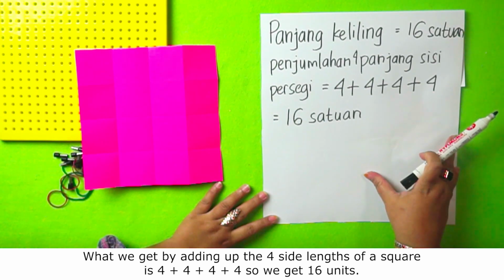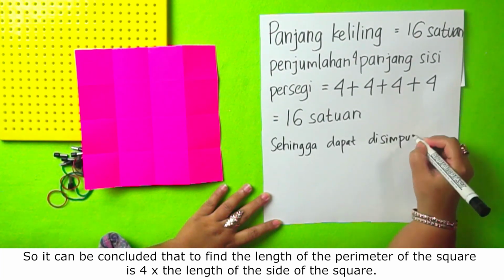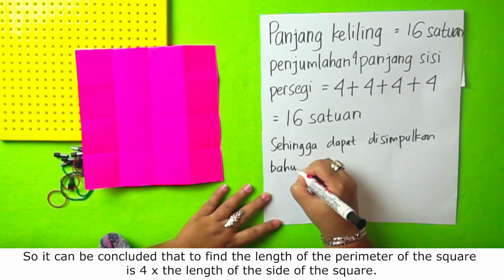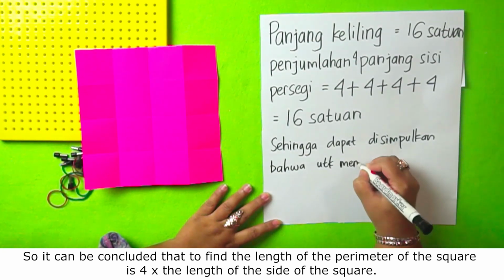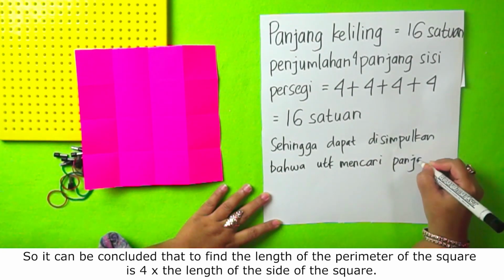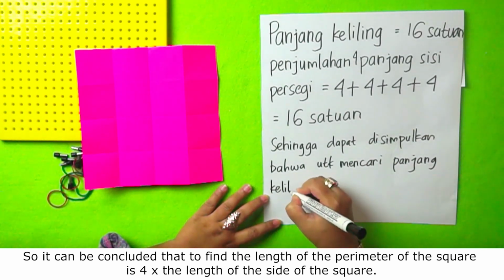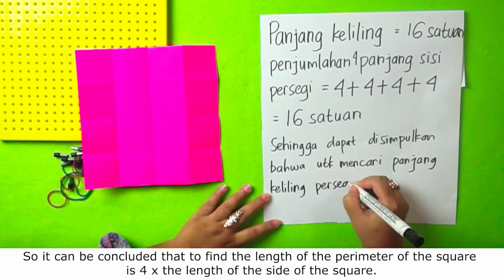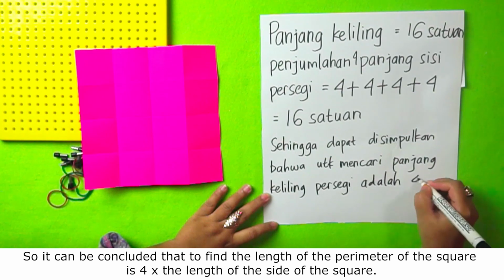So it can be concluded that to find the length of the perimeter of the square is 4 times the length of the side of the square.